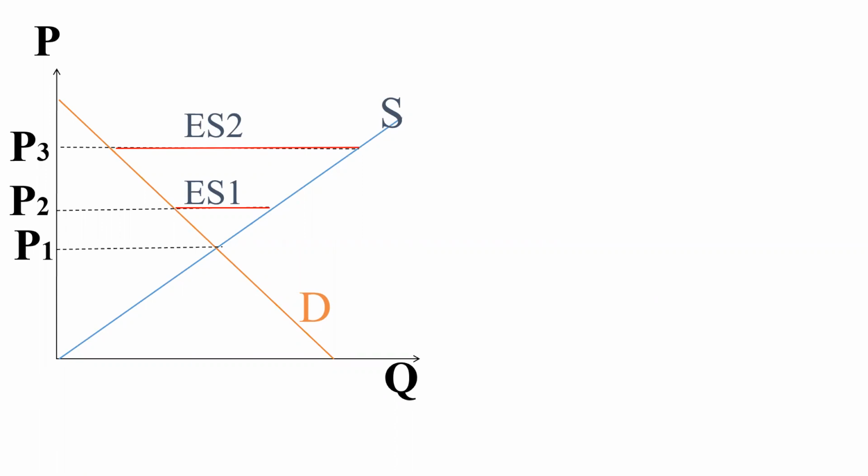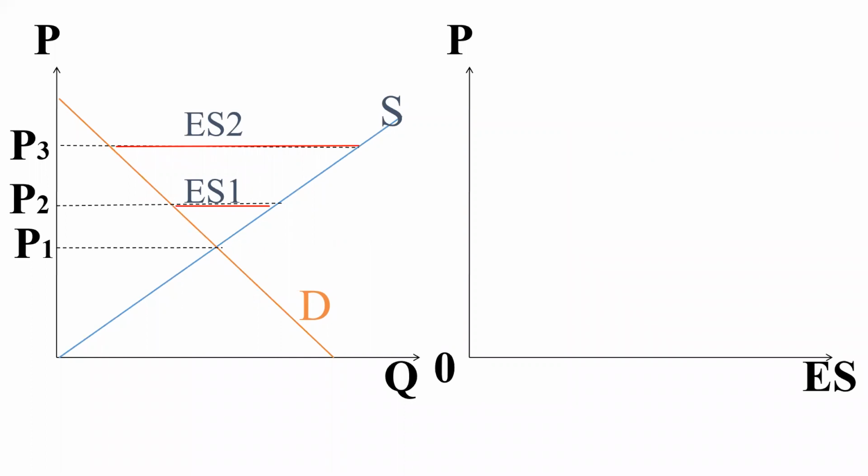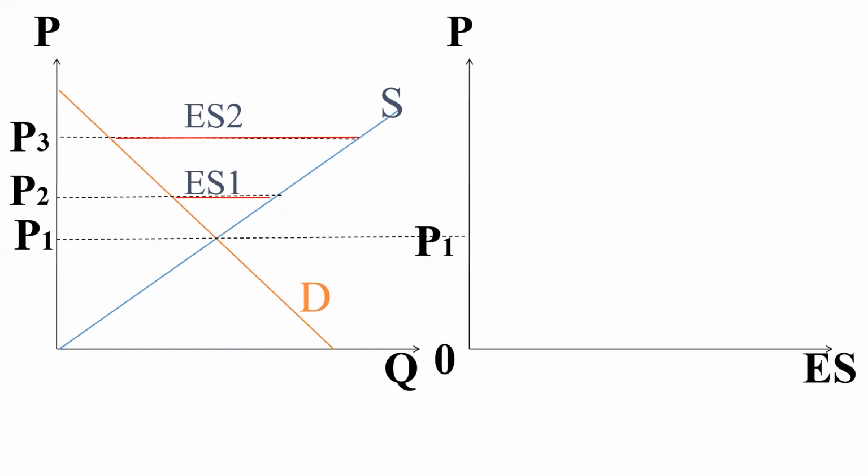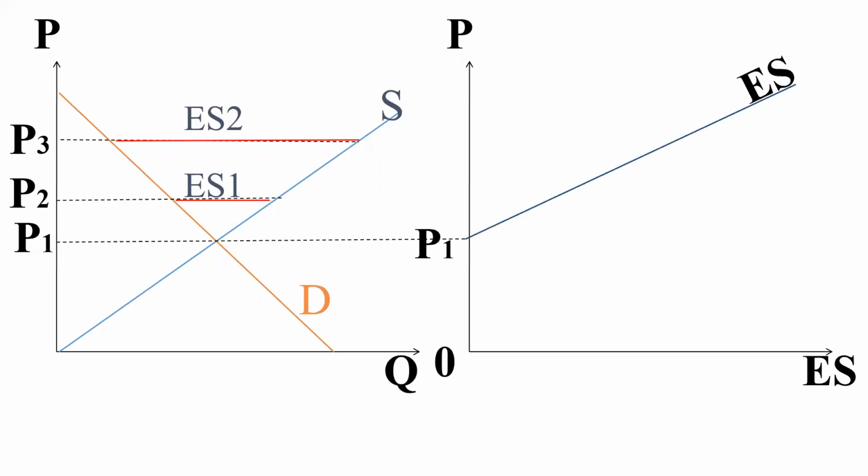We can present it separately in a diagram like this. Price and excess supply. Right? When the price increases, excess supply increases, it's like this. So this is the excess supply curve, which shows a positive relationship between price and excess supply.